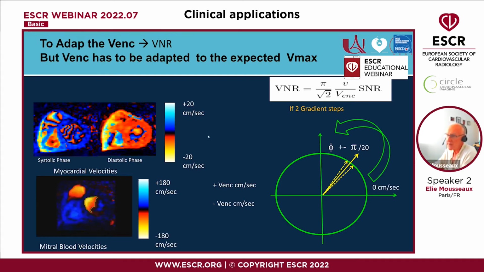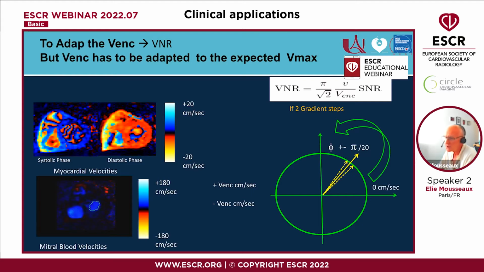If I am interested in the velocity of the myocardium, the velocity will be between 0 and 15 or 20 centimeters per second and no more. Of course, because I know that the accuracy will be close to pi divided by 20. So if I want to have 1 centimeter per second of accuracy for the velocity, I will be obliged to take 20 centimeters per second for the VENC.